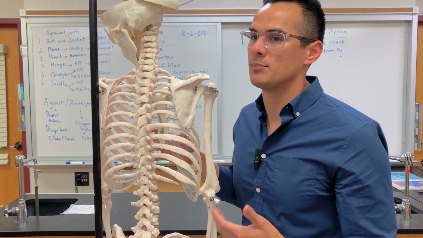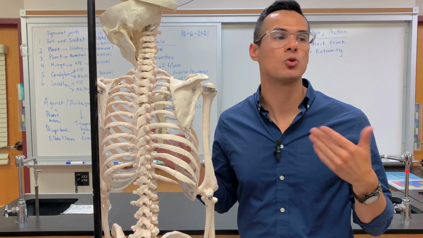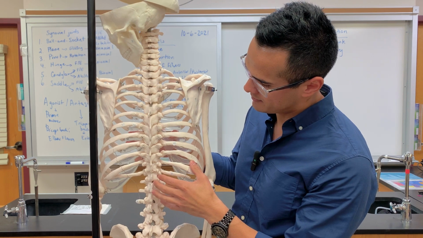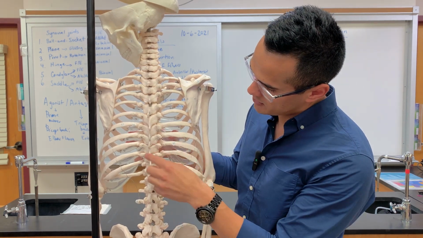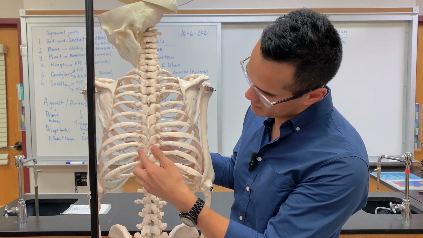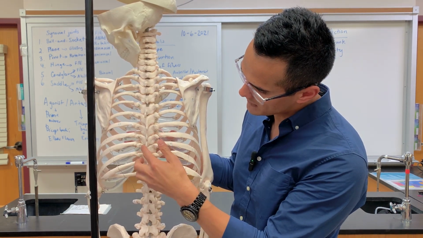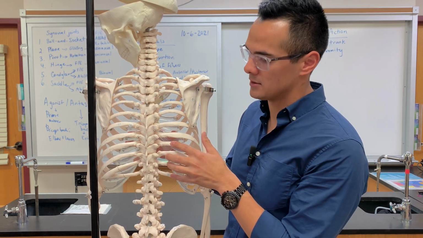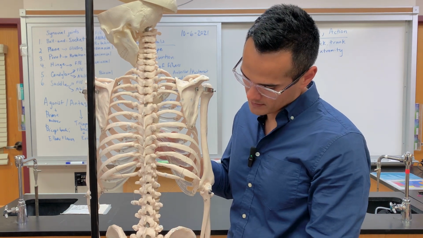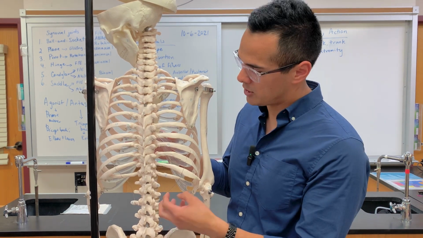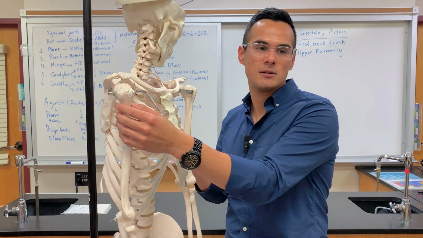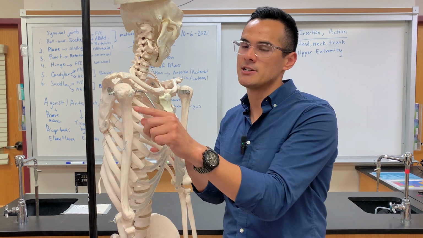Okay, so that's for the rhomboids. You also have this really big muscle known as the latissimus dorsi. It has a couple of different spots where it attaches. Here are the spinous processes within the thoracic vertebrae, and also the ribs. It's here, here, and as well as here at the bottom, the iliac crest. It'll go here and insert on the floor of the intertubercular sulcus on the humerus.